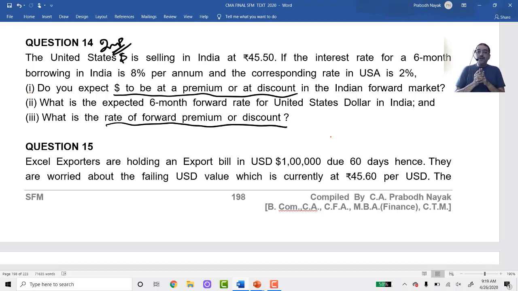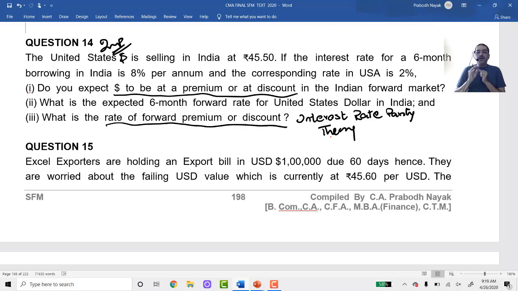Now, this involves a theory which is called the interest rate parity theory. That I will do in detail afterwards.